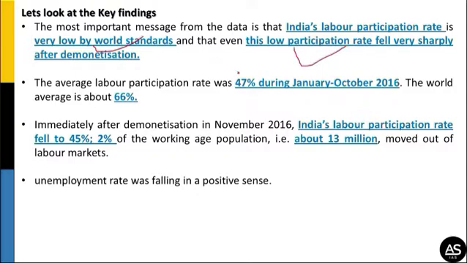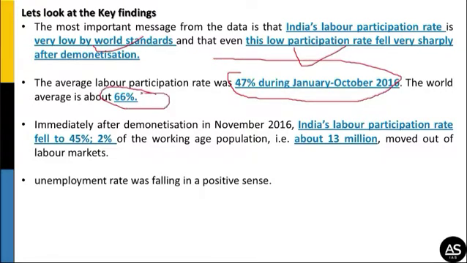If you look at the data of October 2016, the average labor participation rate was 47%, but the world was at 66%, so we are definitely lagging behind the world standard. Immediately after the demonetization, Indian labor participation fell to 45% from 47%, a 2% drop of the working age population. And 30 million people moved out of the labor markets. So the unemployment rate is falling, but not in a positive sense.